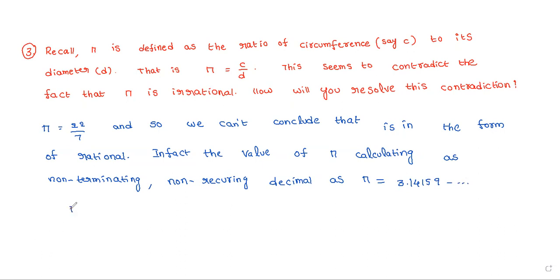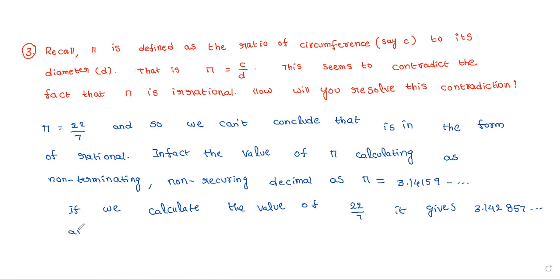So if we calculate the value of 22 by 7, it gives 3.142857 and so on.